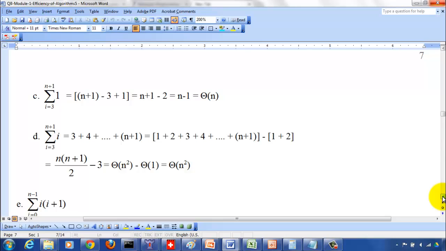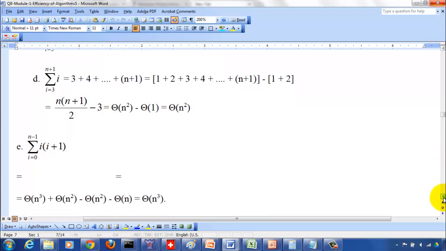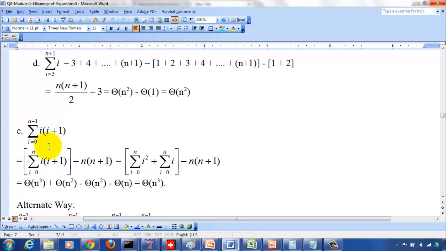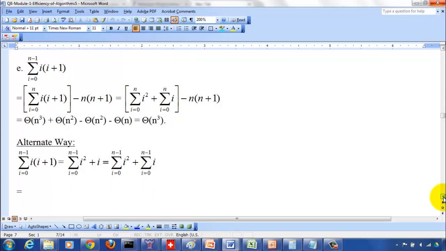Then sigma i equals 0, i times i plus 1. I can say it is sigma i equals 0 to n minus 1, and multiplying out, it's i squared plus i. This is the easier way to do it.